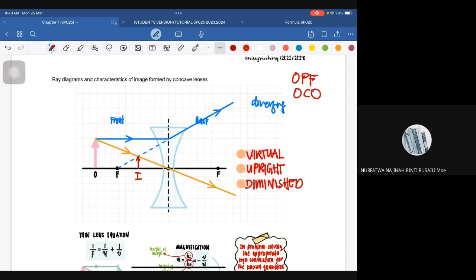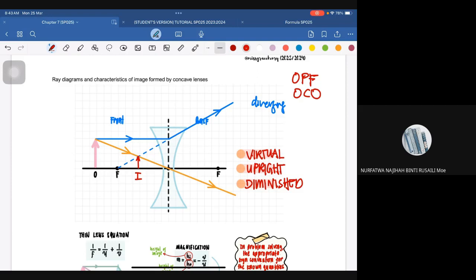Okay, right, so that is for the characteristics. Okay guys, are you okay? Macam tak sempat ni mau solve tutorial.